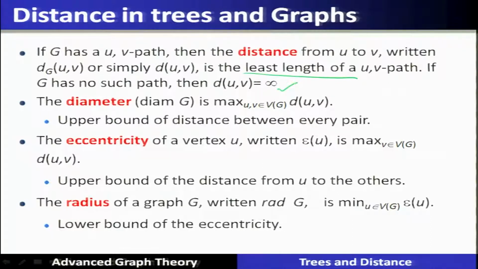The diameter of a graph G is the maximum of the distances between any pair of vertices, that is, the maximum of d(u,v). So the diameter becomes a parameter of the graph, an upper bound on the distance between any pair of vertices. Similarly, the eccentricity of a vertex u, written epsilon of u, is the maximum distance from that vertex to any other vertex.